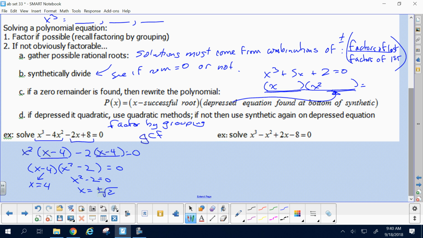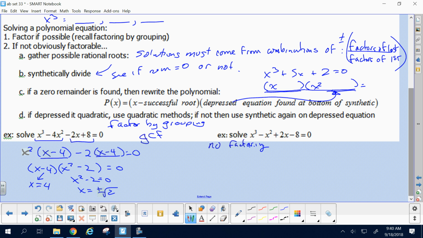This one doesn't have any factoring by grouping here. No matter what kind of greatest common factor I tried here, x squared, I'd have x minus 1, but there's no way I'm getting an x minus 1 there. So no factoring here.